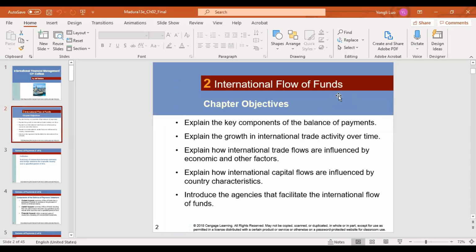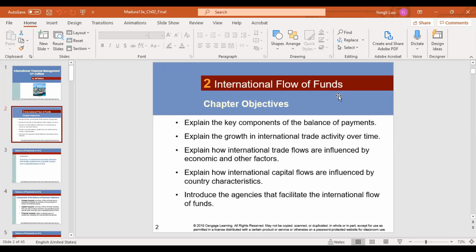The learning objectives for Chapter 2 include: 1. Explain the key components of the balance of payment. 2. Explain the growth in international trade activity over time. 3.